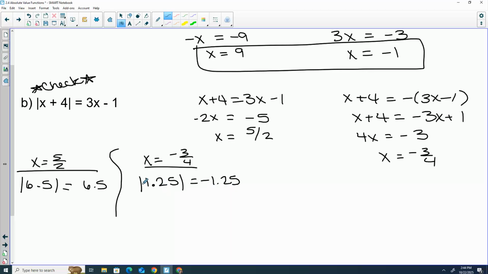Does that work? Sorry, it's not 1. It should be 3.25 on both. But anyway, does that work? No. So this one did not check out. So on this, 5 halves was my only answer. So you just have to be careful. If there's an absolute value or an x outside the absolute value, check your answers. You might get something that doesn't work.